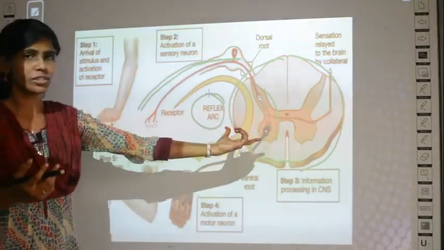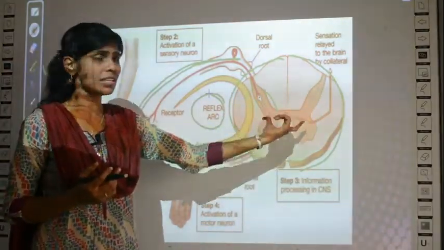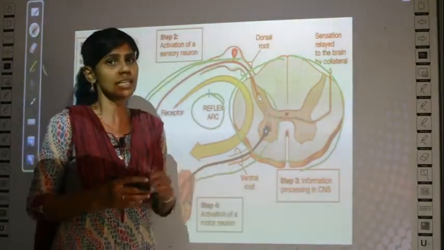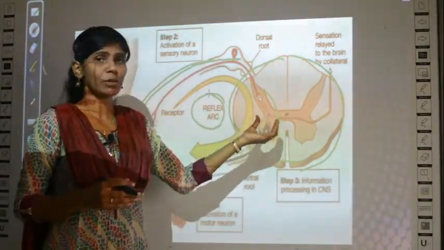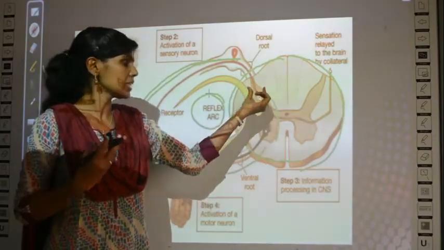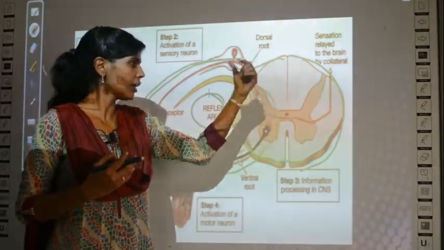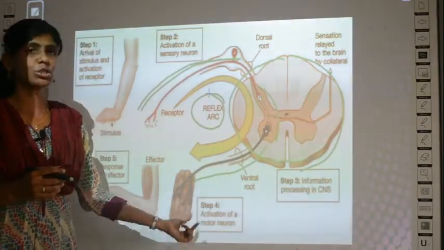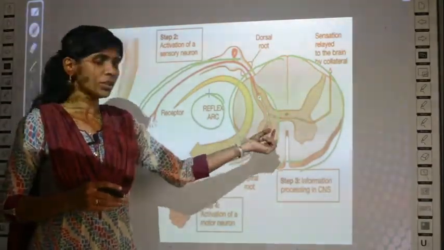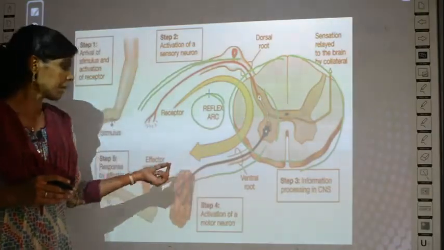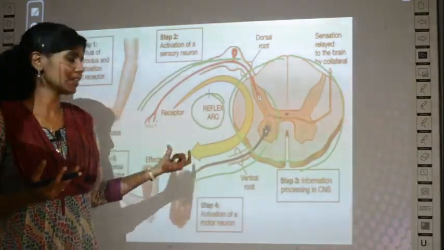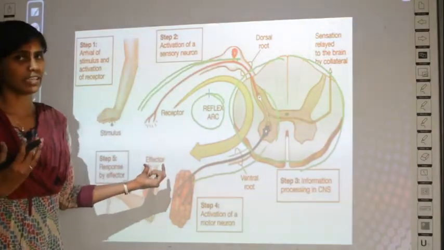In this case the picture is given as spinal cord, so it sends to the spinal cord. The third step is information processing in the central nervous system. What information is processed? The signals are received from the sensory neuron and given to the motor neuron. Fourth step, activation of the motor neuron. Now the motor neuron instructs the muscles to react, that is, the muscle is the effector here.